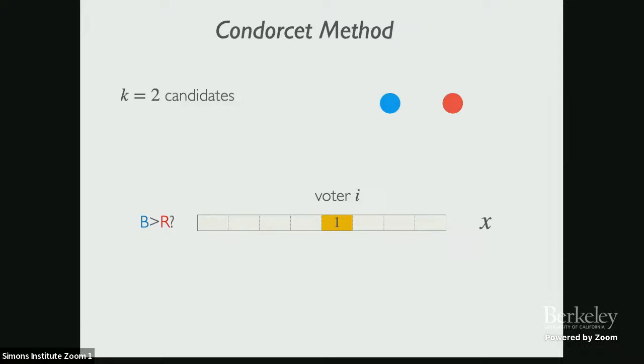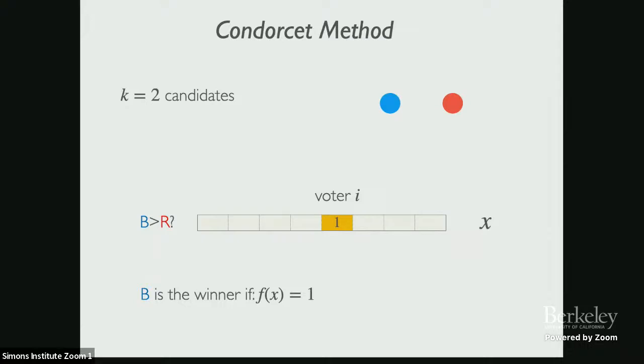The 1 just indicates that my preference is blue greater than red. Within this room, maybe people have different opinions, so we put them in this array. To aggregate our opinion, we can apply any function f, and we say we prefer blue if this function gives us 1 on this array.